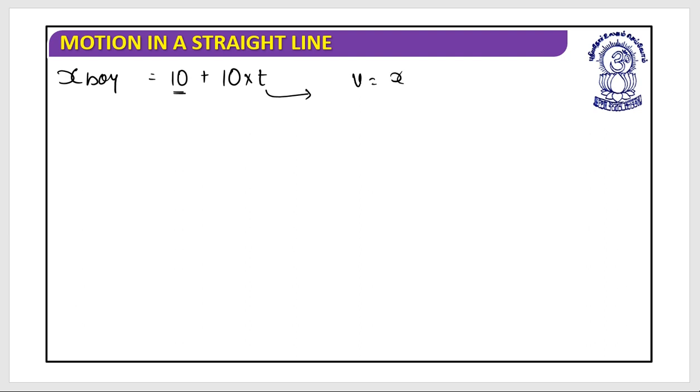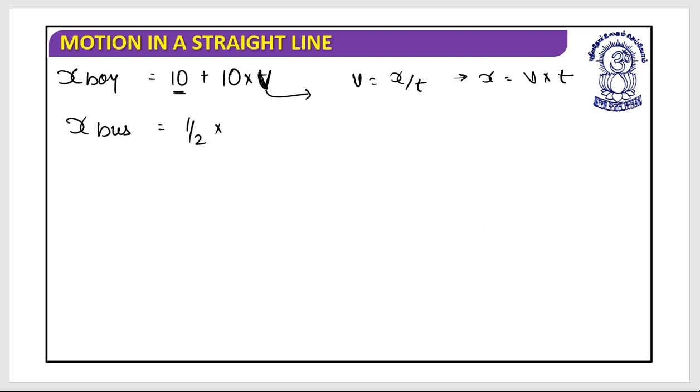How could I do this? It's v is equal to x by t. So I can have x is equal to v into t. This is the velocity of the boy, so 10 into v, sorry, my mistake. Yes, it's 10 into v. This is equal to time taken, which is 10 seconds, and the velocity that I need to find out. And what should be the distance traveled by the bus?